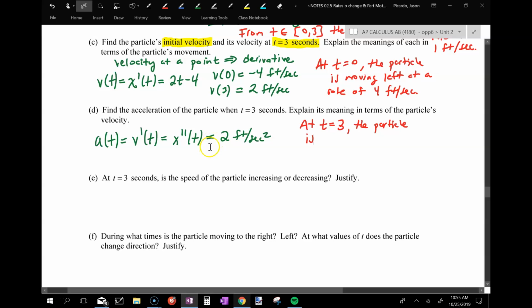Somebody said increasing. Who said increasing? If the acceleration is positive, that means I'm what? Increasing velocity, right? Increasing velocity. Okay. So at t equals 3, the particle is increasing its velocity at a rate of 2 feet per second per second.